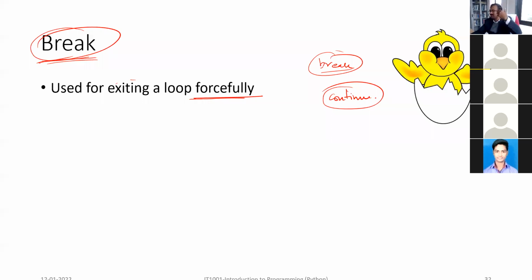You don't want to continue further. So the break statement is used for breaking a loop which is otherwise going nicely. At some point you might be looking for some condition to be satisfied, and it got done. So you don't find any point in continuing further, so you may use a break statement.